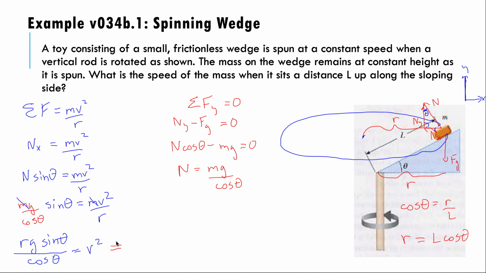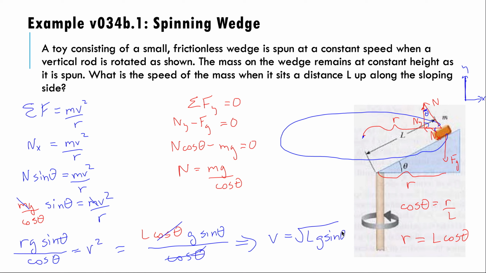We're going to have L cosine theta times g times sine of theta over cosine theta equals v squared. And we can see now that the cosine thetas cancel out. So we have v squared is equal to Lg sine theta. So that means that we can take the square root of both sides and get v equals the square root of Lg sine theta.